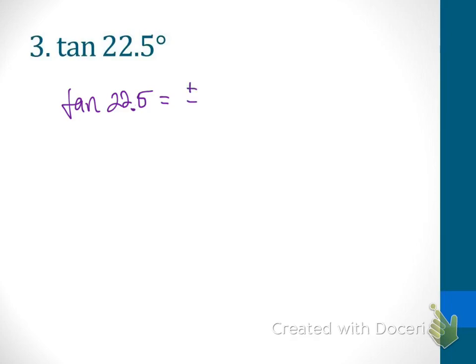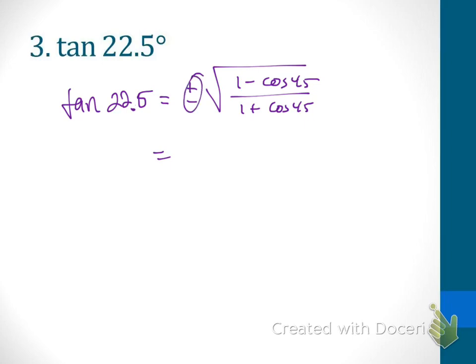So we can go plus or minus the square root of 1 minus the cosine of 45 degrees over 1 plus the cosine of 45 degrees. Okay? Now, tangent, this ends in quadrant 1, so tangent's going to be positive. So we just leave it here.